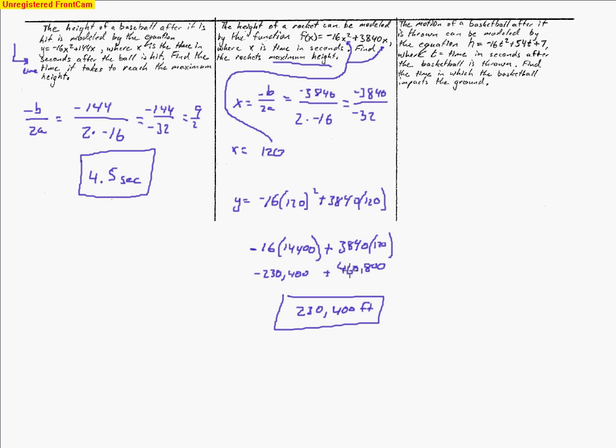Well, the last problem here is asking us to find the time in which the basketball impacts the ground. So it's modeled by this flight path, so it starts 7 feet above the ground. It's going 54 feet per second initially, and then it eventually falls to the ground. Now we can't just double the time to maximum height, because it starts off the ground, so we need to factor.